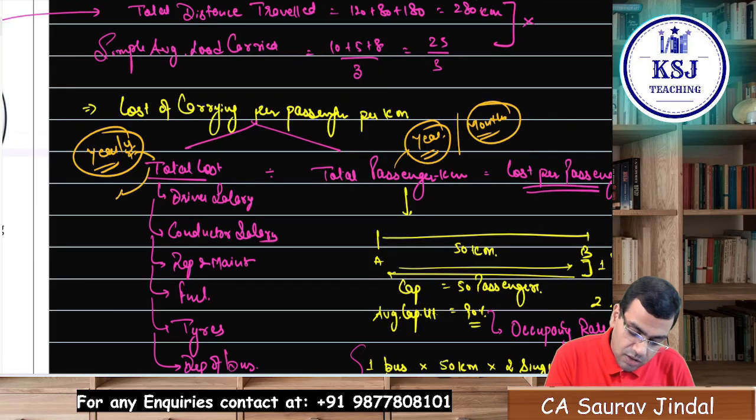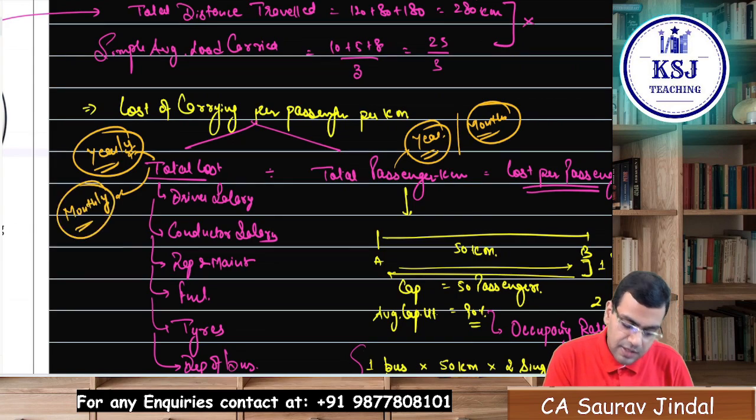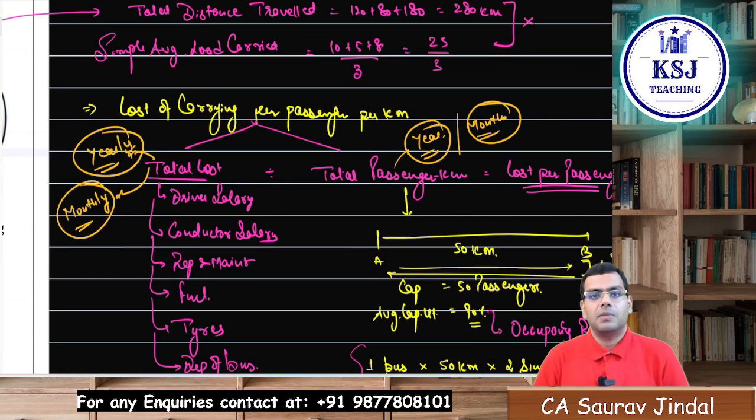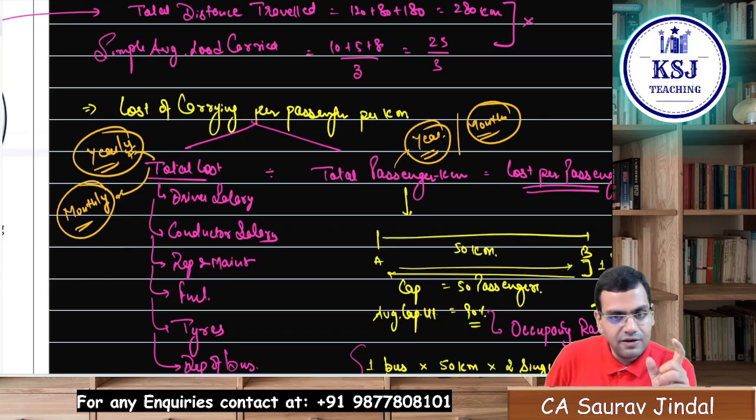Your total cost should also be monthly. This you have to be very careful about, right? Both should be yearly, monthly, whatever the period that you are taking, it should be the same for your cost and for the calculation of total passenger kilometers. Your period should be absolutely same.